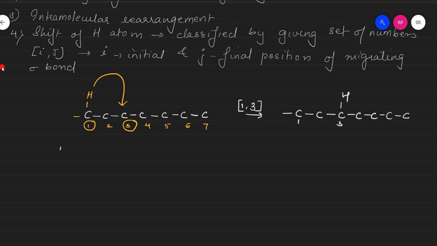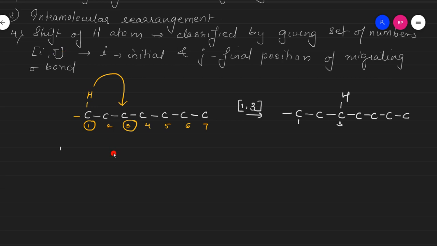What has happened is an intramolecular rearrangement. So this is sigmatropic. An old bond is broken, and a new bond is formed. These are your i and j. I is the initial position and j is the final position.